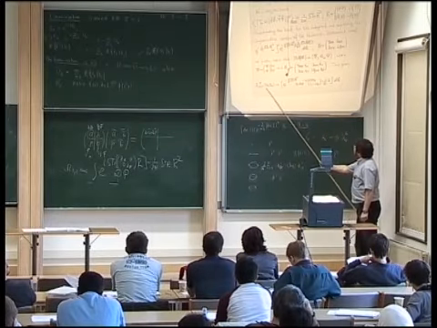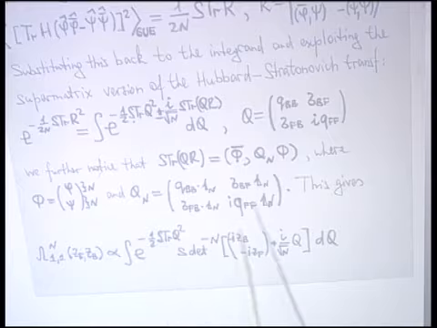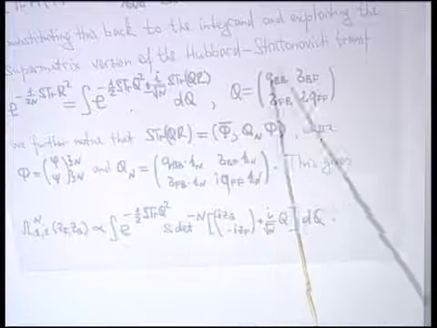So we arrive at the following representation of our object in terms of integration over our set of matrices Q that we considered before.